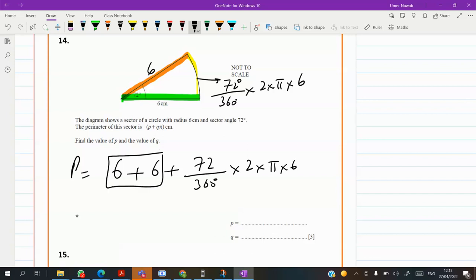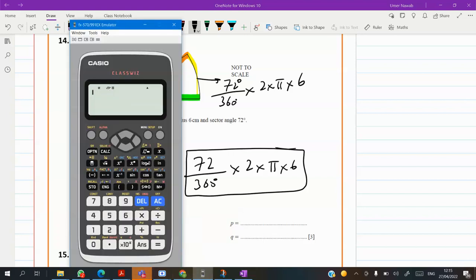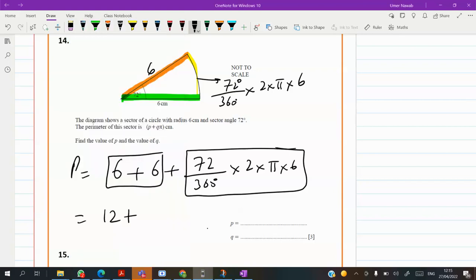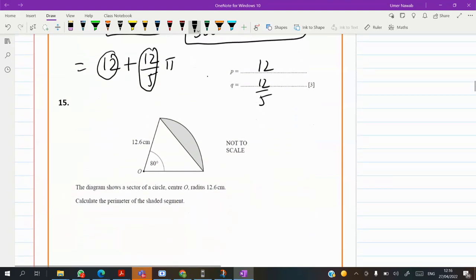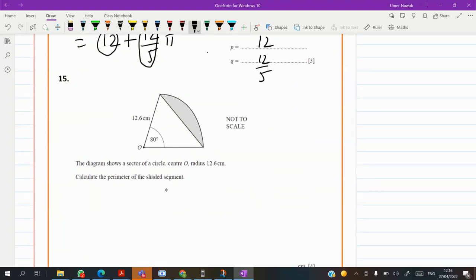So 6 plus 6 is 12. And this answer we will put in the calculator. 72 over 360 times 2 times pi times 6 gives us 12 over 5 pi. Since we want the answer in this form, P is 12 and Q is 12 over 5.